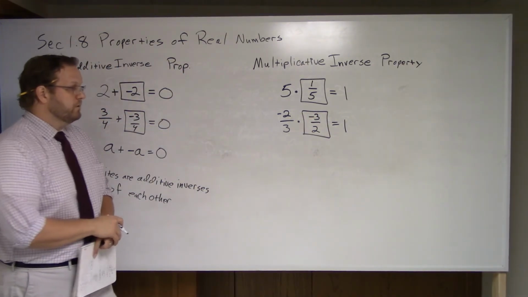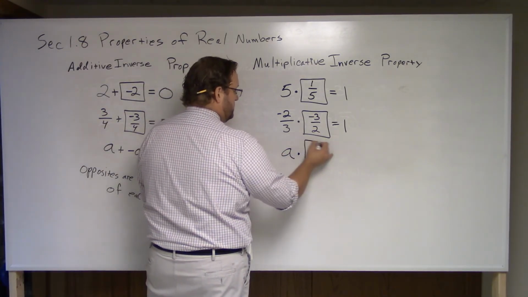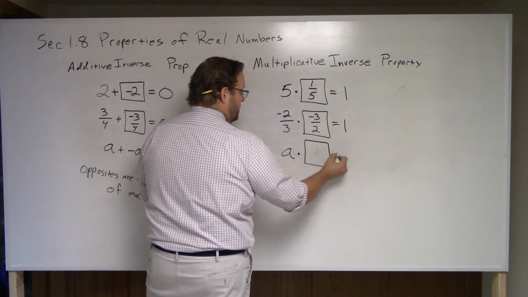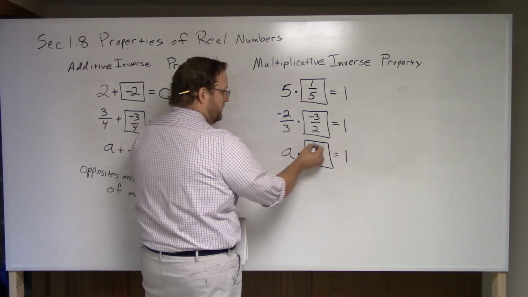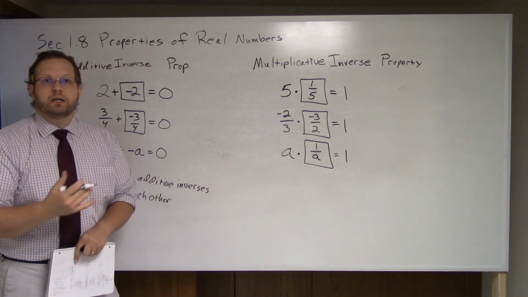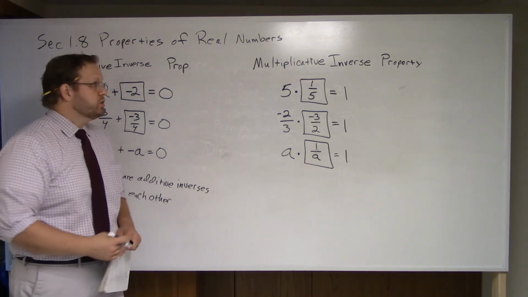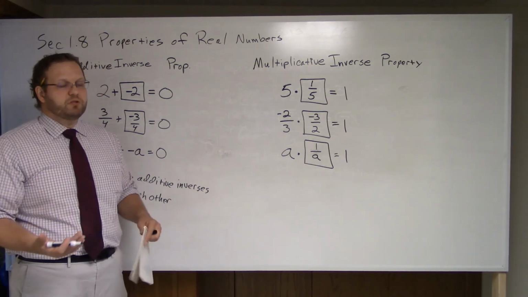Okay, so anything times its multiplicative inverse would give you a 1, and that would simply be, in this case, 1/a. Another more simple term for that would be a reciprocal. Okay, so when I say multiplicative inverse, I'm talking about a reciprocal.